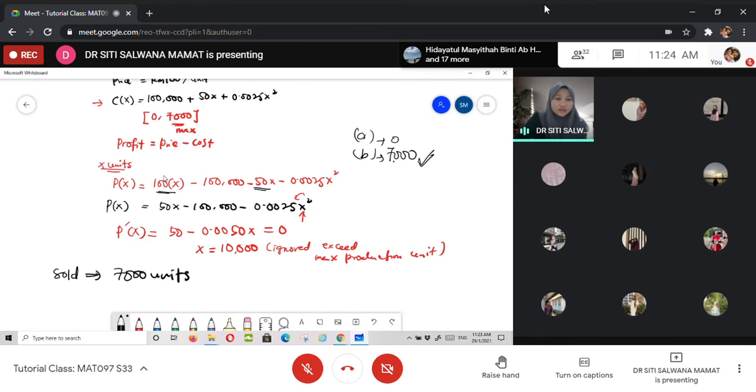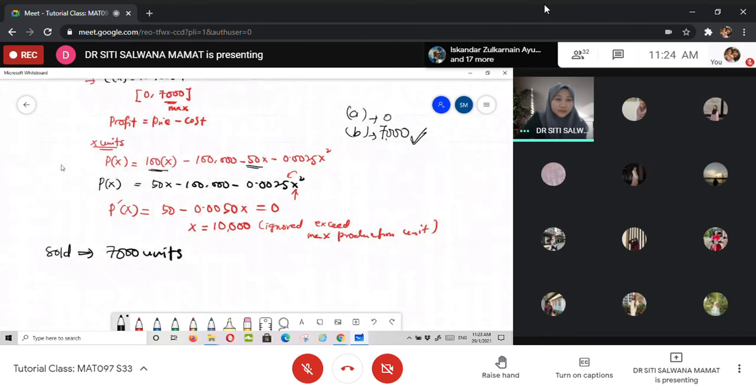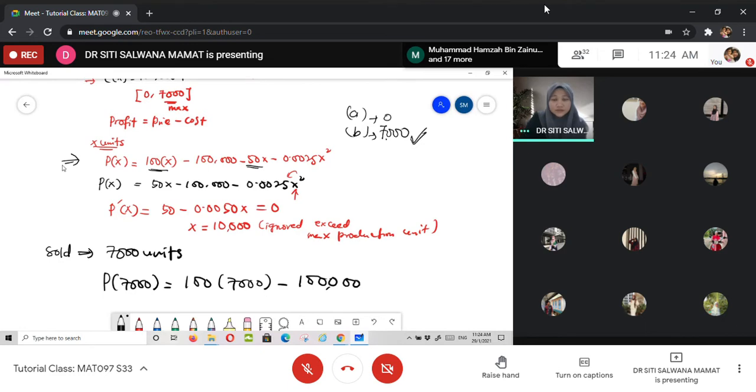Okay, so how much profit yang you dapat? You ganti balik dekat you punya profit equation lah. So P of 7,000 is equal to, kita jual RM100 untuk 7,000 unit, minuskan dengan yang ni lah. So you ada 100,000.